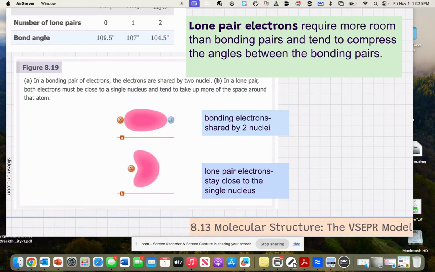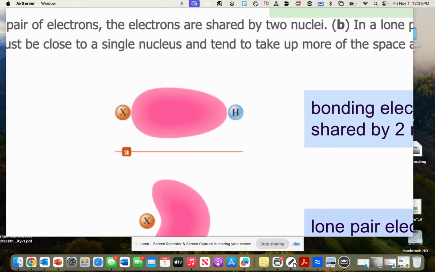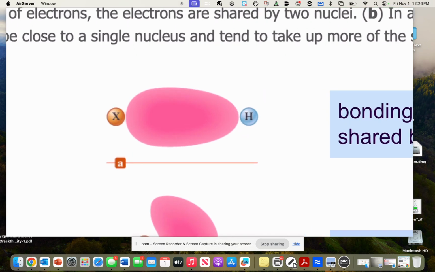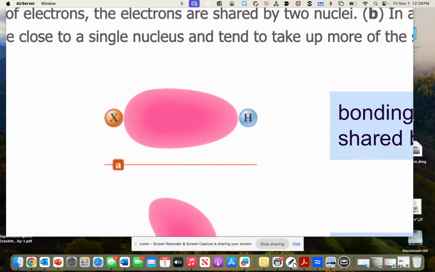Lone pair electrons tend to require more space, and they will compress the angles of the bonding pairs. This diagram is here to explain. If you have an element X and an element H, the pink is representing the electrons in the bond between them.